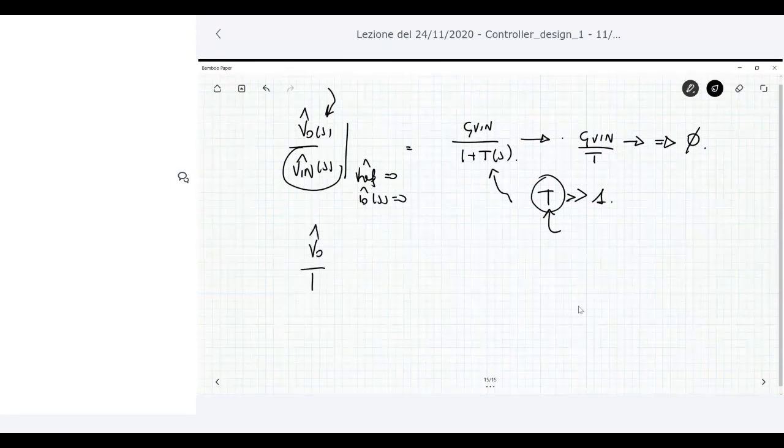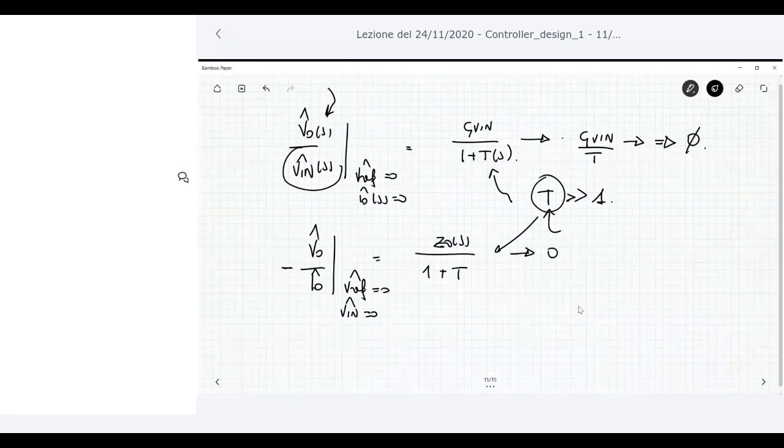And so, what happens to the variation of the output voltage in terms of the variation of the output current? This has a minus sign here. Suppose that Vref now is 0 and also V in is 0. This is zeta 0 over 1 plus T. If T is large, then also this term goes to 0. So this means that my closed loop output impedance is 0, and I'm able again to reduce disturbances to an almost negligible effect.